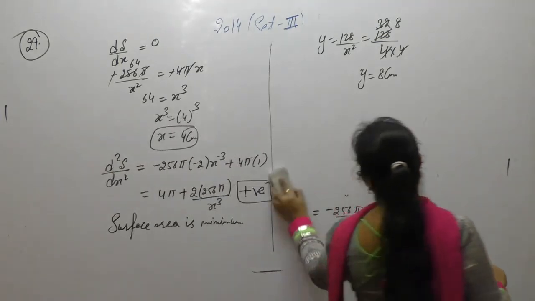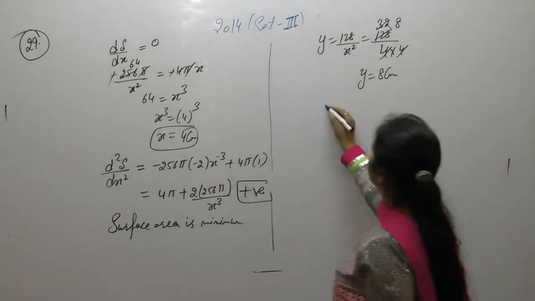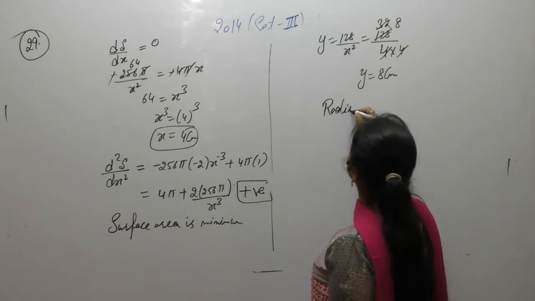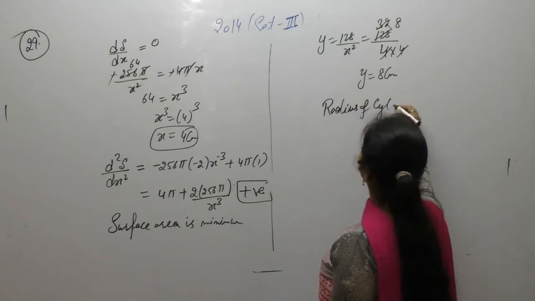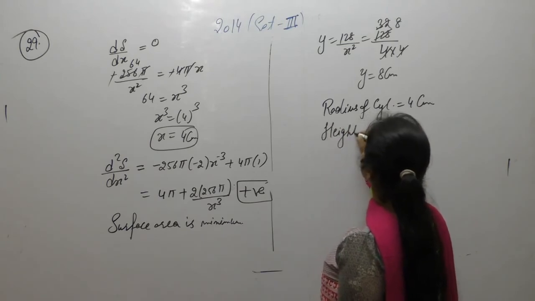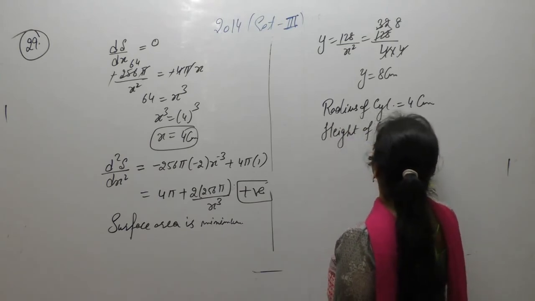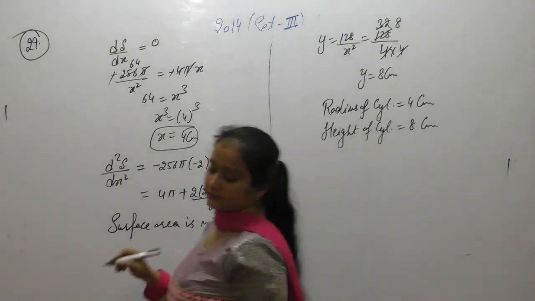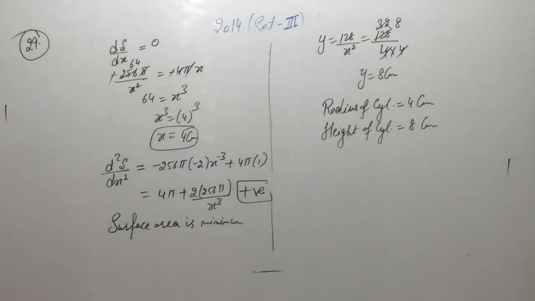Therefore, the radius of the cylinder is 4 centimeter and the height of the cylinder is 8 centimeter. Note it down.